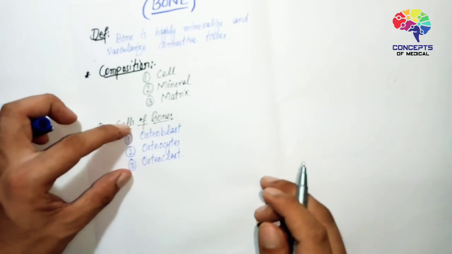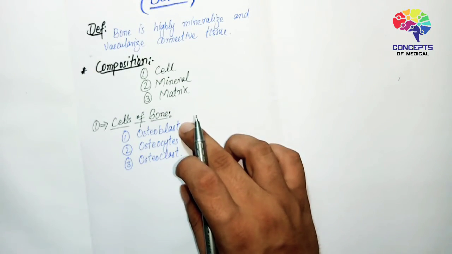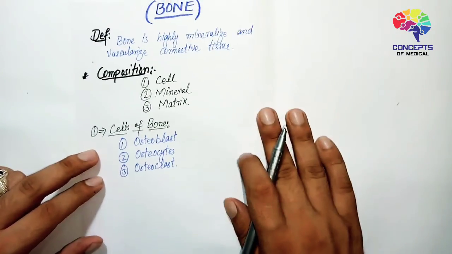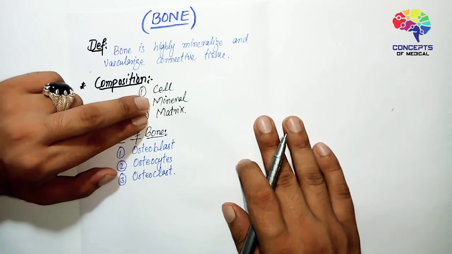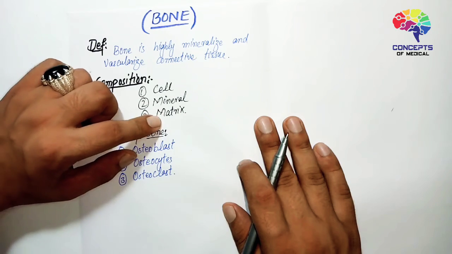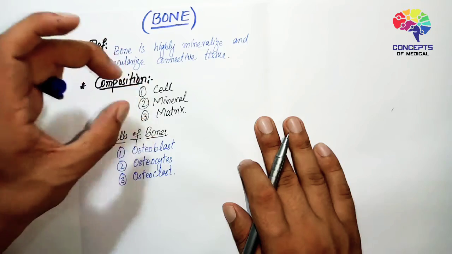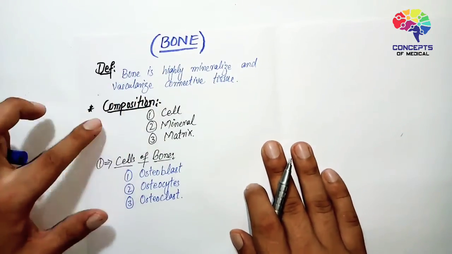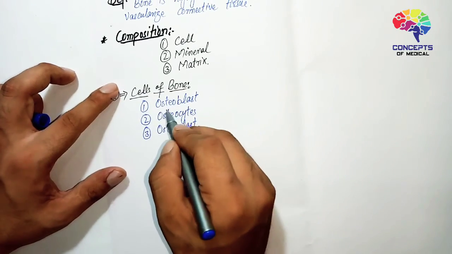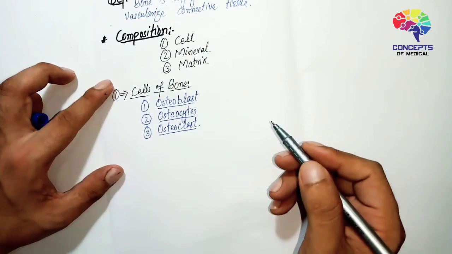These three types of cells are present within our bone, and with minerals and matrix, minerals are present in our matrix, and cells are also present within our matrix, so they collectively form our bone. So we will discuss what type of cells these are and what their function is.